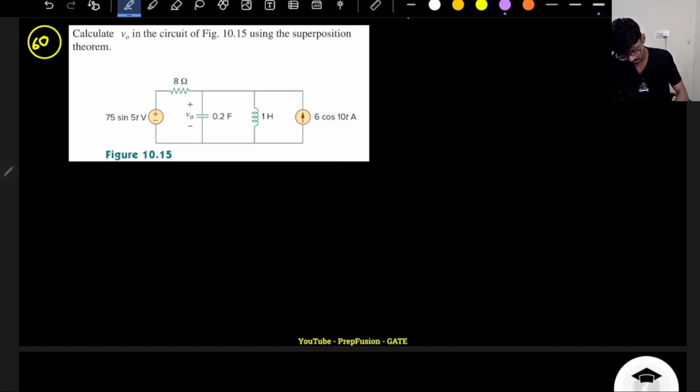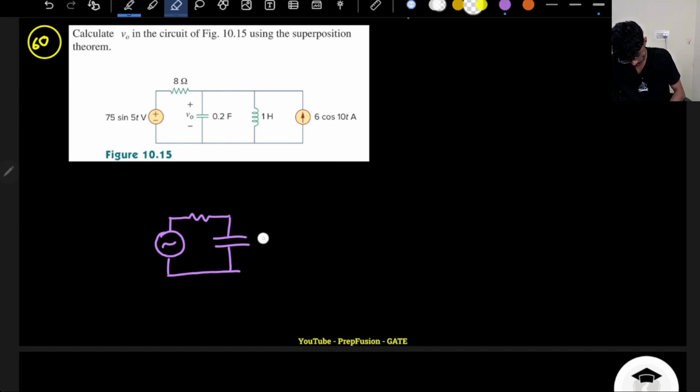So my circuit will be converted to, first I will choose the voltage source. Circuit will be somewhat like this. 0.2, this will be 8 ohms, and this is plus minus V0. This is just V0, V0 we have to calculate, right?